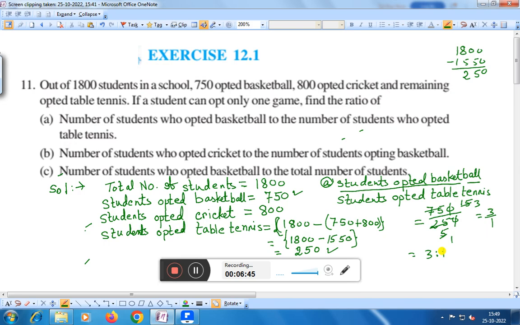Therefore, for A, the ratio of the number of students who opted basketball to the number of students who opted table tennis is 3 is to 1.